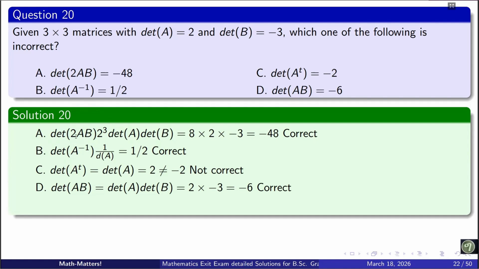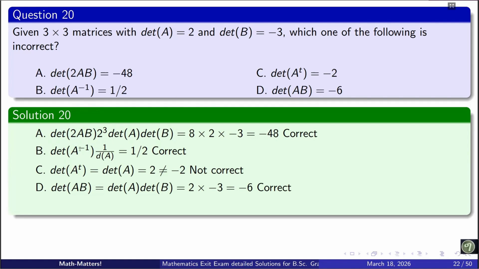So in this case, the determinant of twice of AB is equal to 2 cubed times the determinant of A times the determinant of B, so that 2 to the power of 3 is 8, the determinant of A is 2, the determinant of B is minus 3, so that this is minus 48, which is correct. But we are asked just to select the incorrect one.